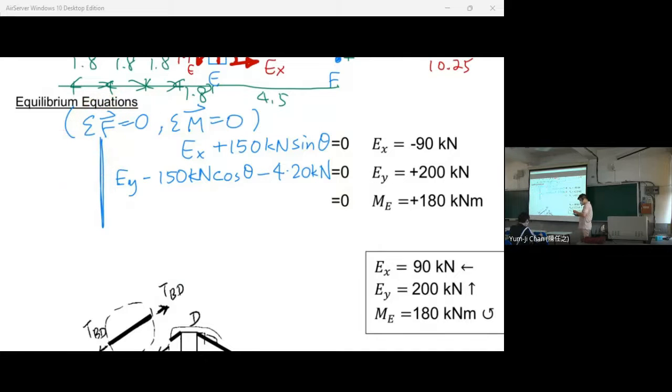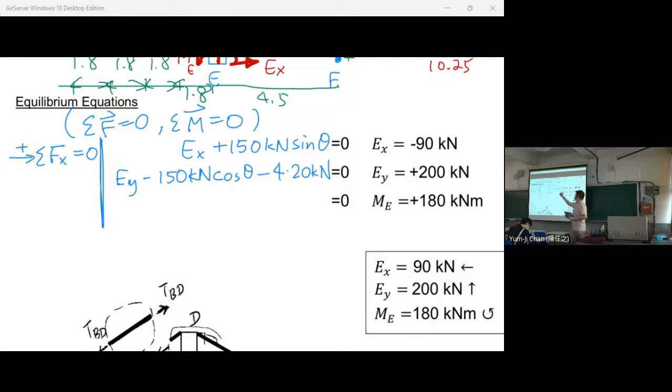So we can write summation F x equal to 0. And please show which side is positive, by writing an arrow and a sign here.